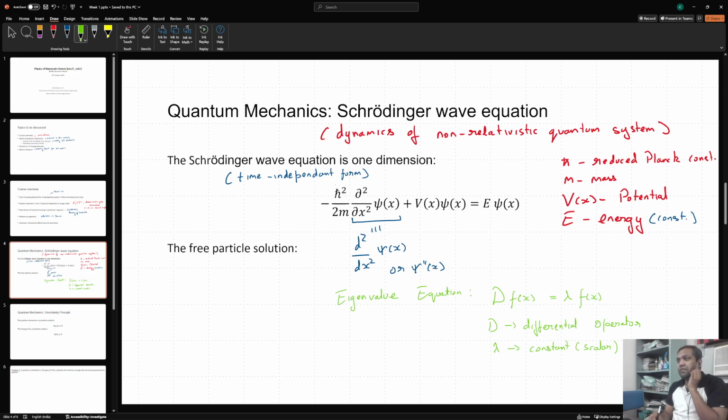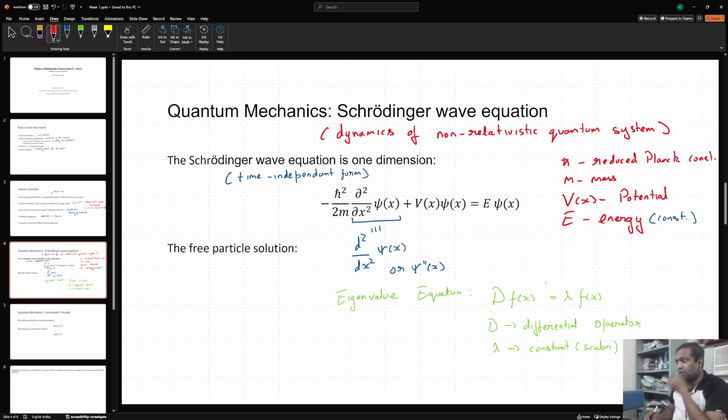So this is of that form where I can say that the differential operator D is this quantity, everything other than psi. It is minus h bar squared by 2m d squared by dx squared plus V of x.